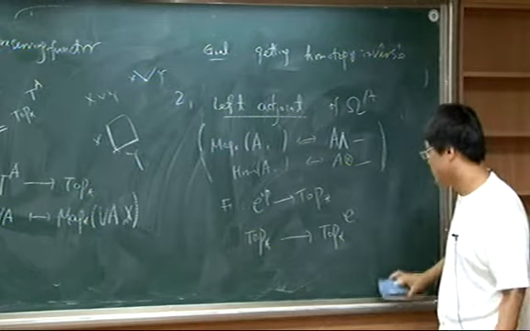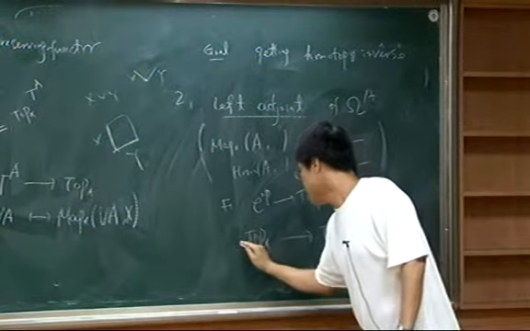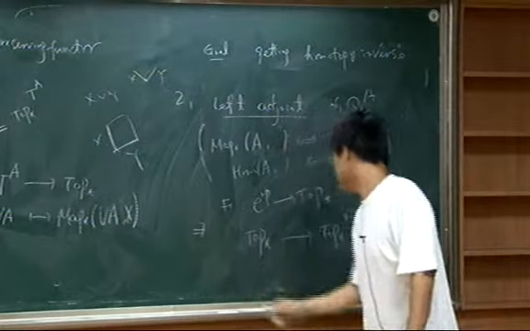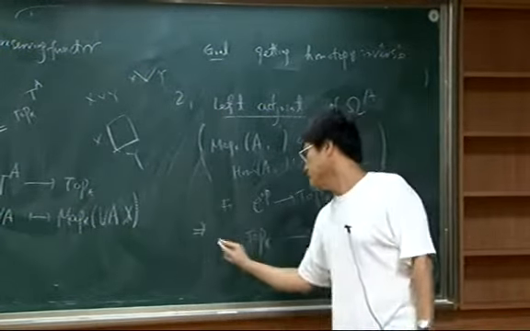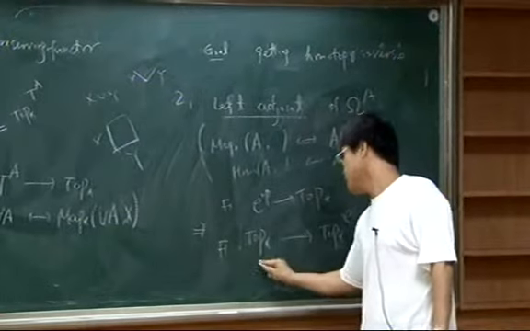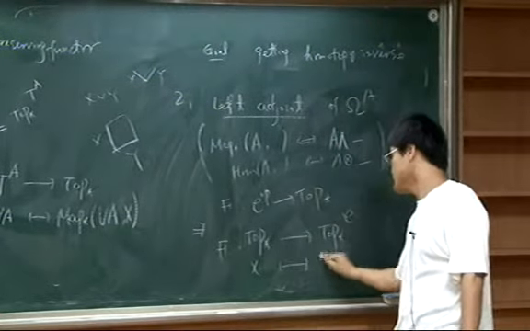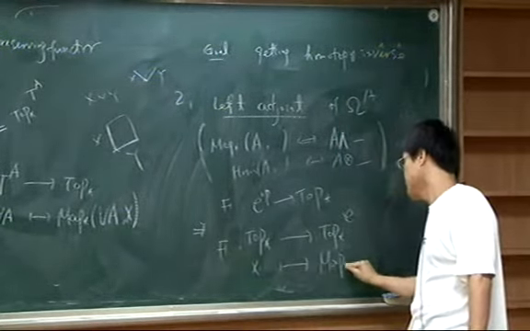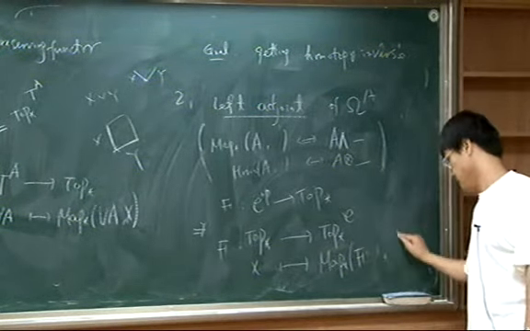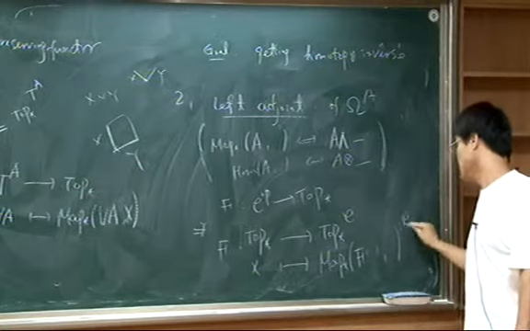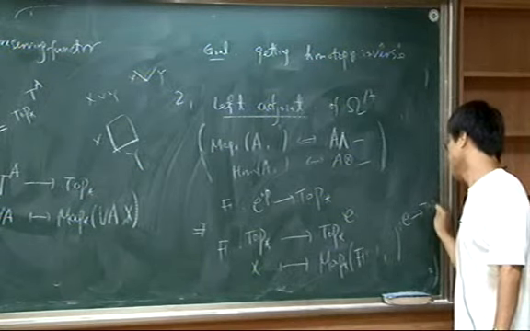Actually, we don't need that. So this functor would be, as we did, just by using the home functor. If you have x, then this is nothing but maps from f, and then this one. This is C to project space, right?